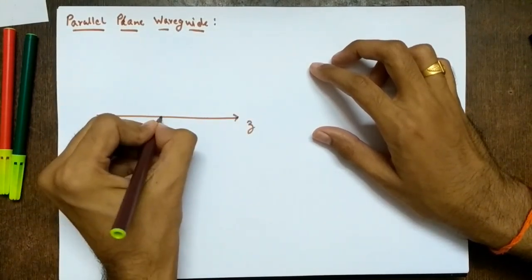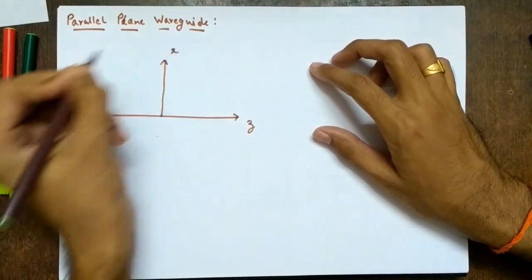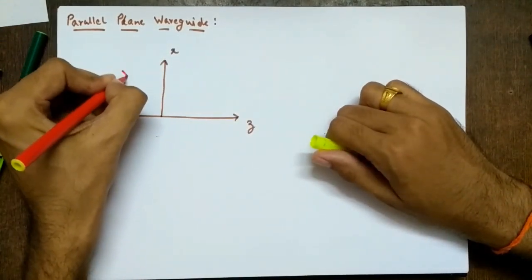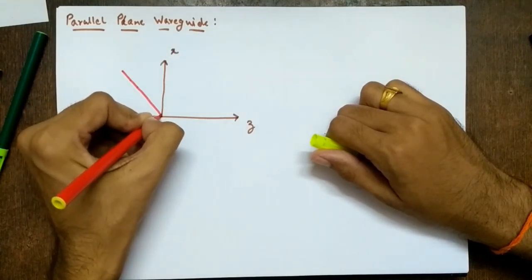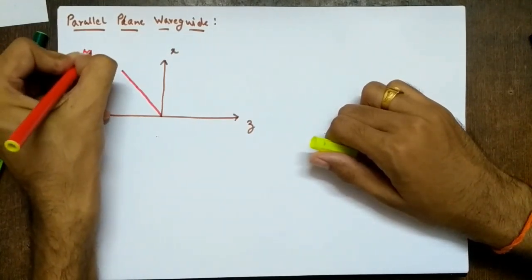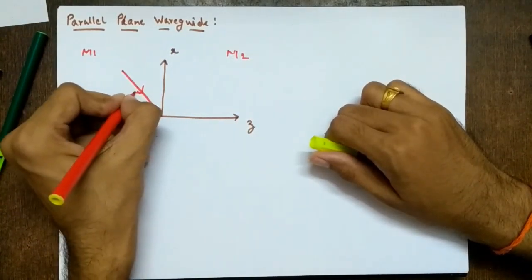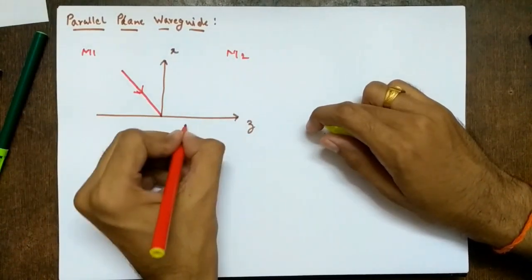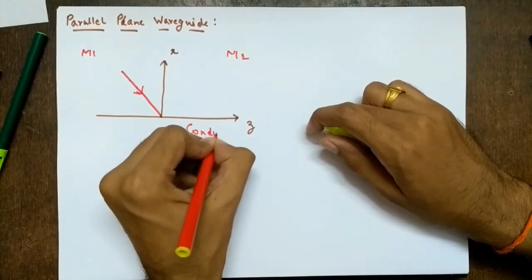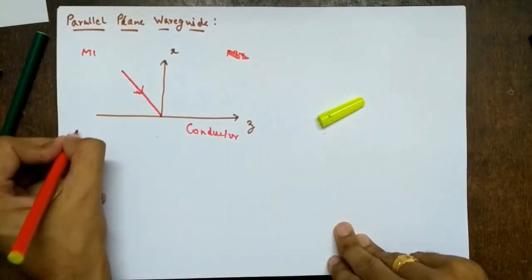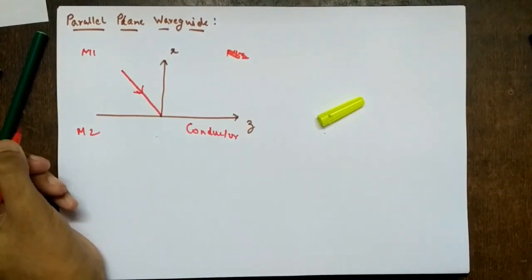This is my z-axis and this is my x-axis. Okay. So I am making an electromagnetic wave incident from medium 1 to medium 2 in this direction towards the origin. So what will happen? Let's say this is the conductor. Sorry, this is medium 1, this is medium 2.